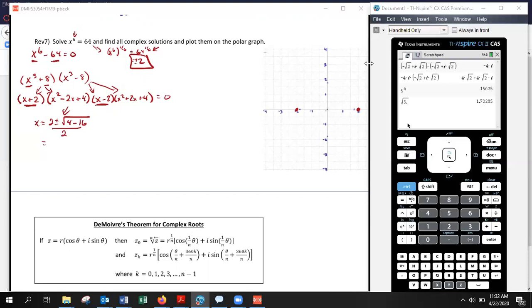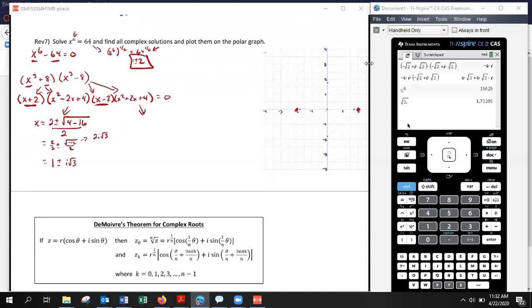Cleaned up a little bit, that's 2 halves plus or minus the square root of negative 12 over 2. So 2 halves is 1, and then plus or minus the square root of negative 12, which is 2i times the square root of 3. So this will be 2i square root of 3 over 2, or just i square root of 3.